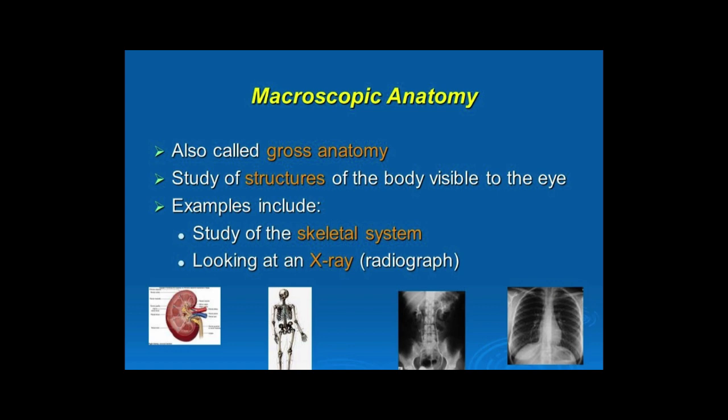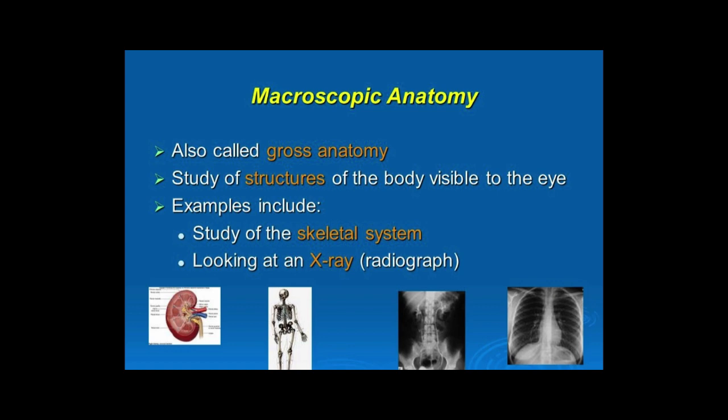The things which we see with our naked eyes are called macroscopic anatomy. So, macroscopic anatomy is the study of structure without a microscope.